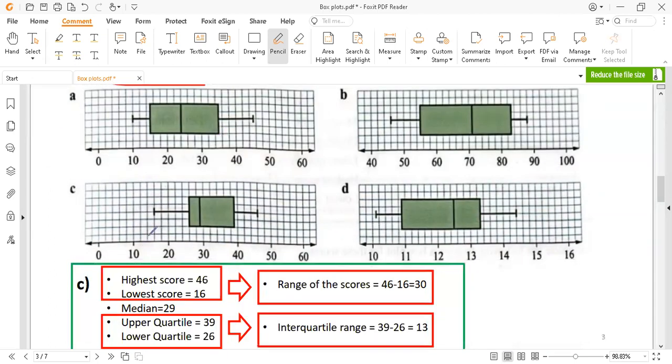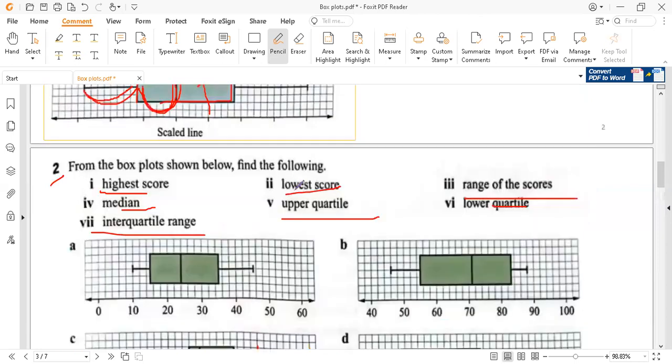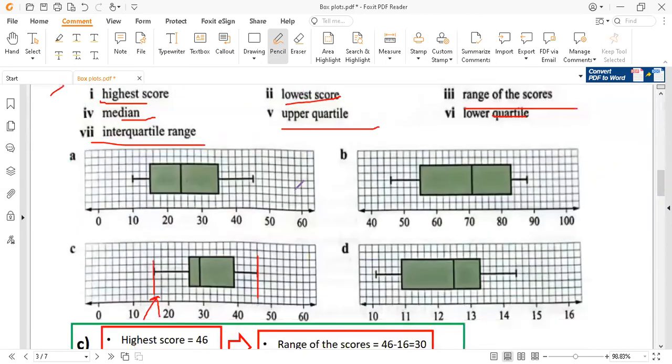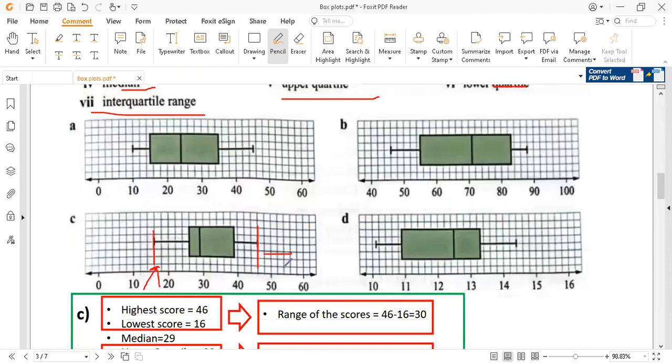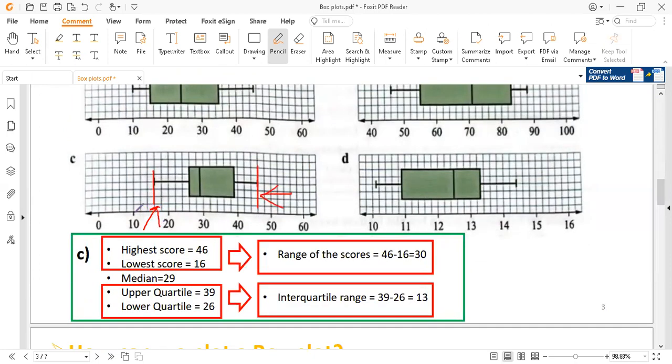For example, we have here in part C this one. We know that the extremes are the lowest score and the highest score. First of all, we should know the step size here. So we have 1, 2, 3, 4, and 5 as 10.